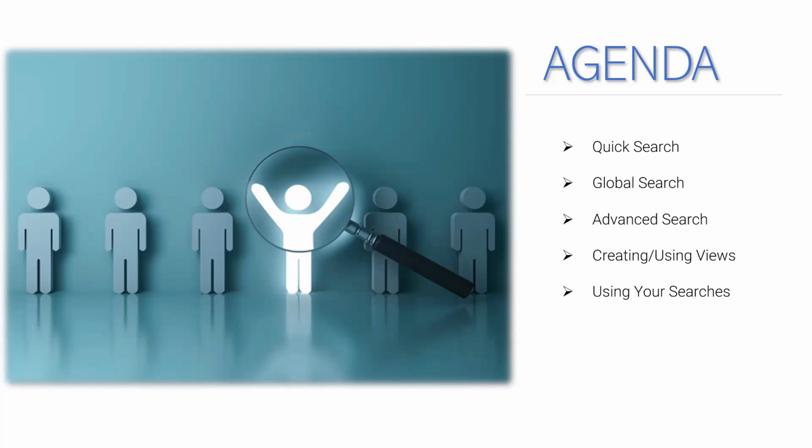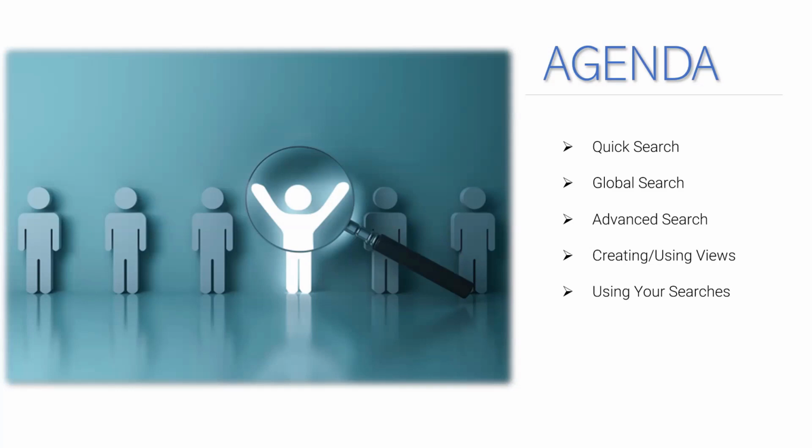And once you've created those filters and searched, you can then save that filter as a view. So you're going to learn how to do the advanced searches and then save it as a view so that you can very quickly pull up that search again by selecting the saved view.